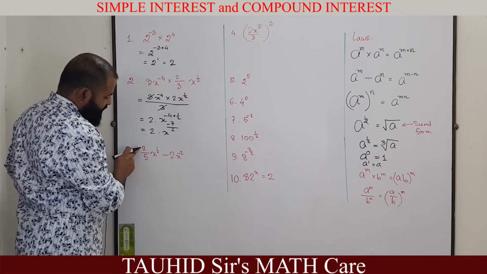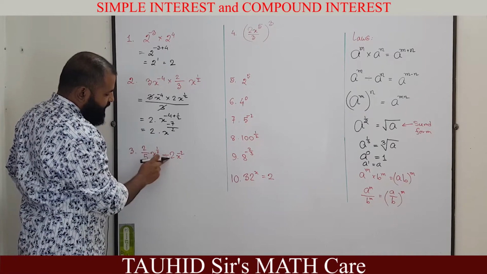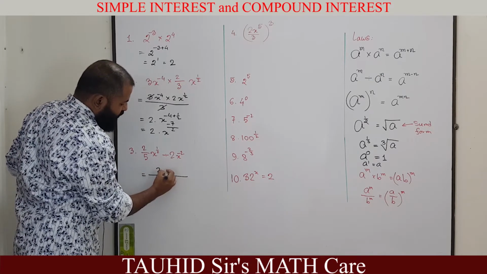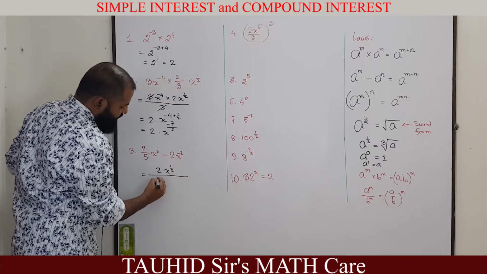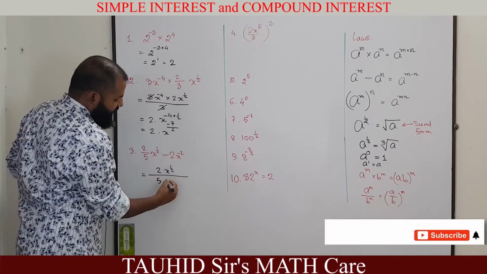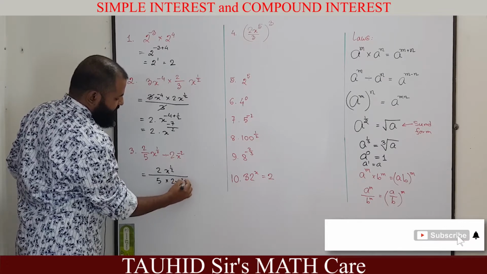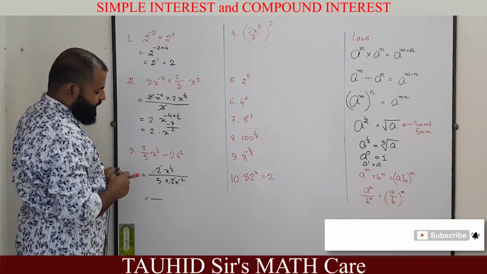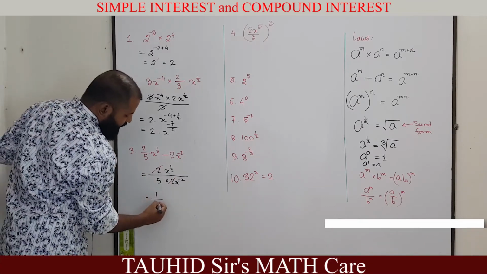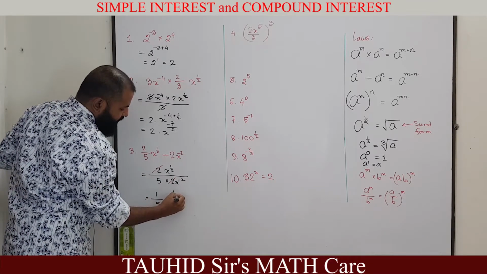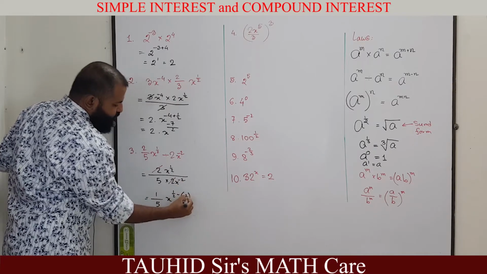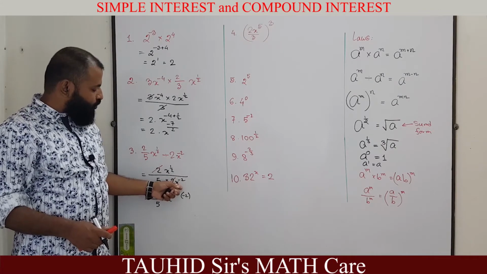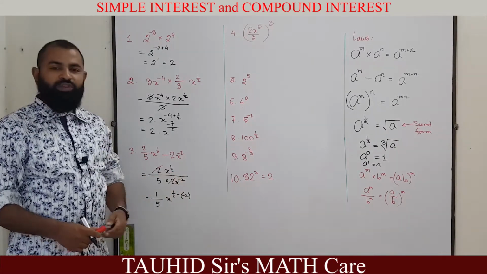Now question number 3, 2 by 5 x to the power half divided by 2x to the power minus 2. That means it looks like this, 2x to the power half divided by 5, this will be divided by 2x to the power minus 2. These two will be cancelled by each other, 1 by 5 x to the power half minus minus 2, because we know that in case of division, the power of denominator will be subtracted from the power of numerator.